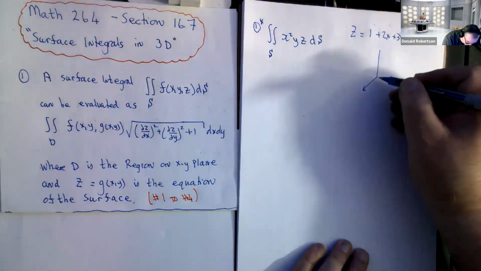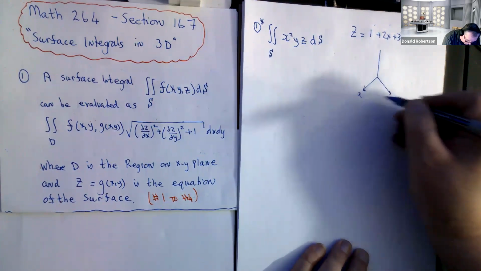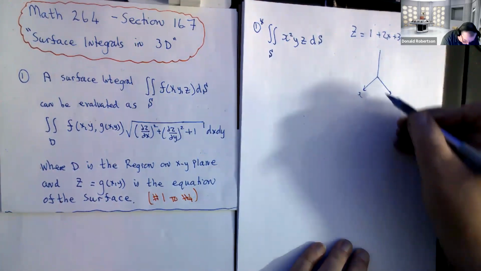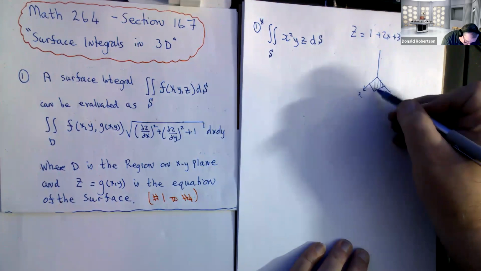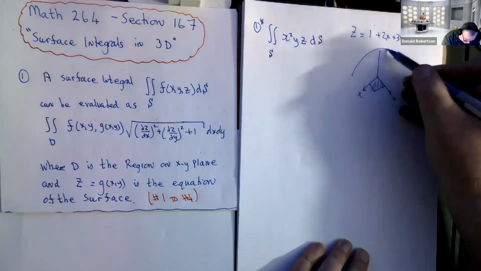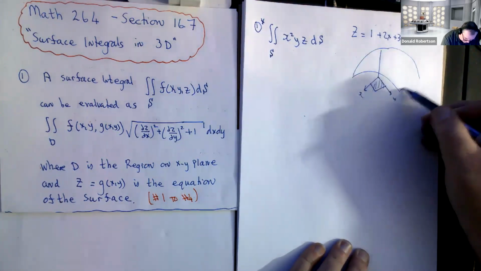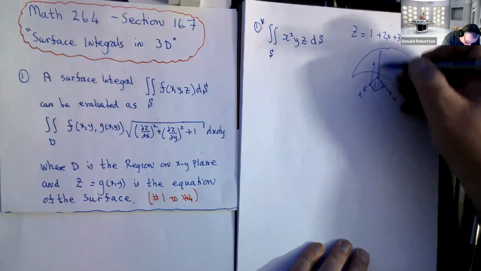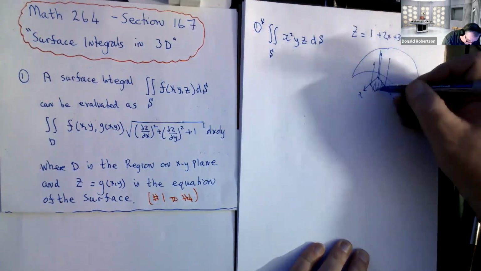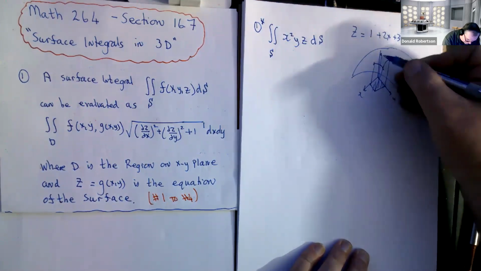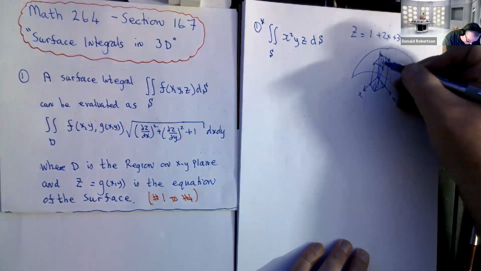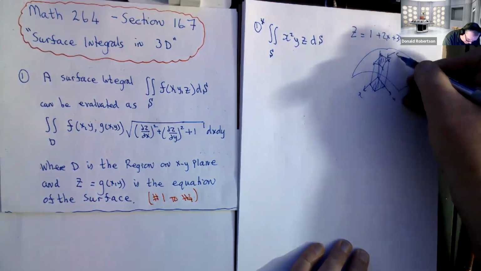So can you imagine you have your XY plane, and the region D might be here. And then you've got your surface doing its thing up here. Well, if you project this up, you can imagine that that represents the surface S.